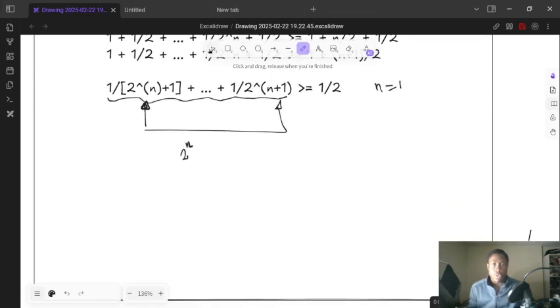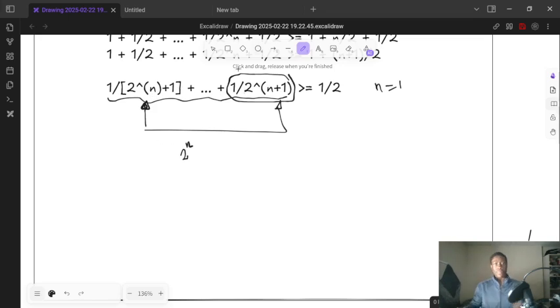You realize that here this is the biggest term of this entire summation, and this is the smallest term because it has the largest denominator. If I replace each of those 2 to the n terms by the smallest one, then I will have something that is strictly less than that.